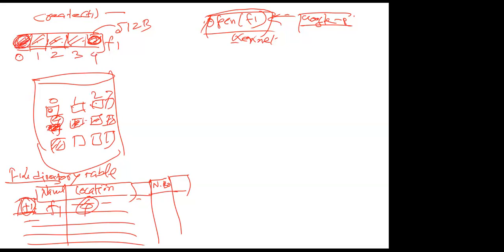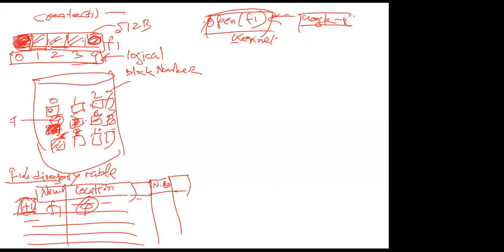The block number of a file is called the logical block number, and the block number inside the hard drive is called the physical block number, 7, 8, 9, 10, and so on. So logical block 0 is stored in physical block number 4 of the hard disk.